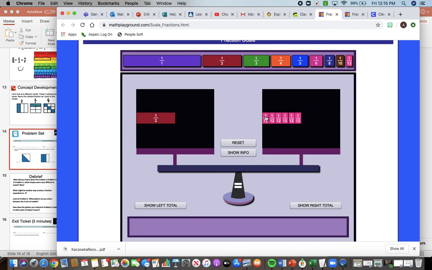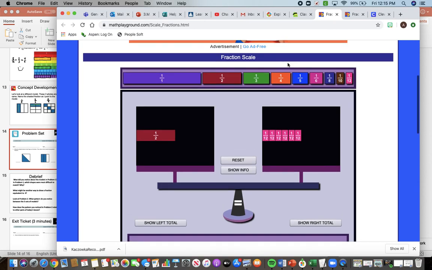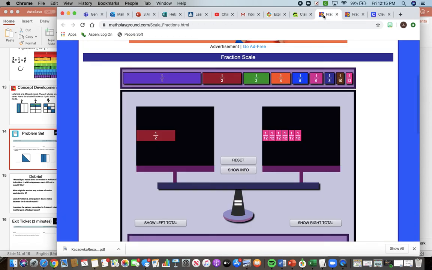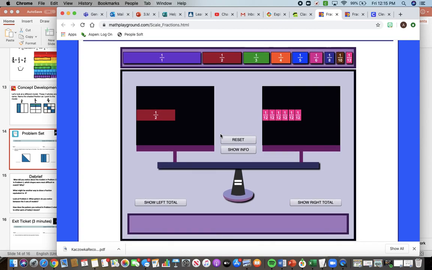Okay, so I stop there and look, 1/2 is in fact equal to 6/12 as well. So you can go ahead and click on that link after you look at it on Class Dojo, and then go and explore more about what is equal on this fraction scale.